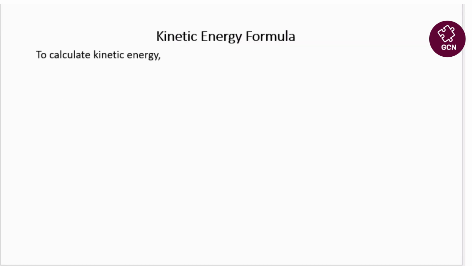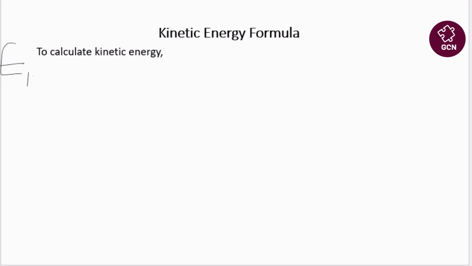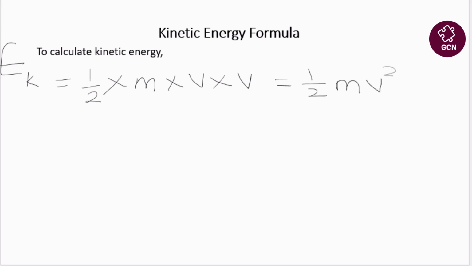To calculate the amount of energy in the kinetic energy store of a body or of an object, we use the formula E subscript K is equal to half times m times v times v, which is the same thing as half mv squared.